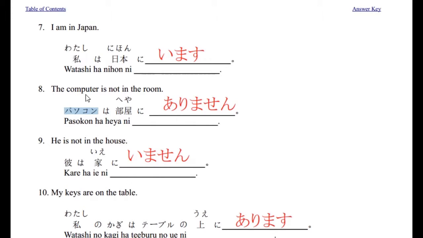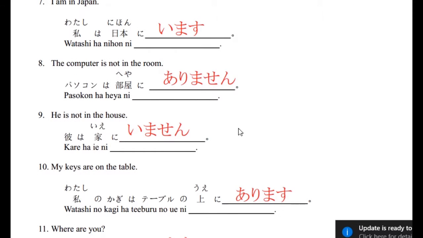So can you think of how computer and パソコン are connected? So in Japanese, the full word is actually パーソナルコンピューター. So instead of saying personal computer, they say パソコン. So that's why we say computer. パソコン.